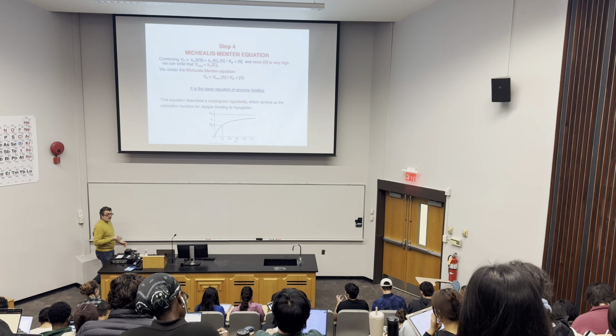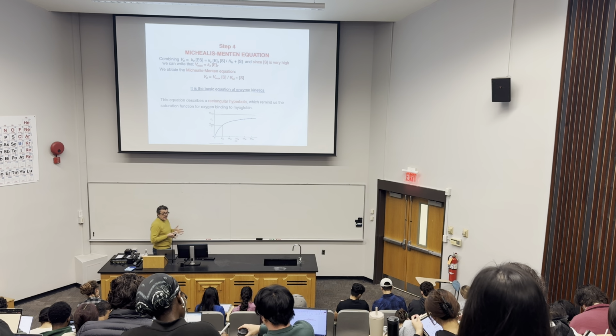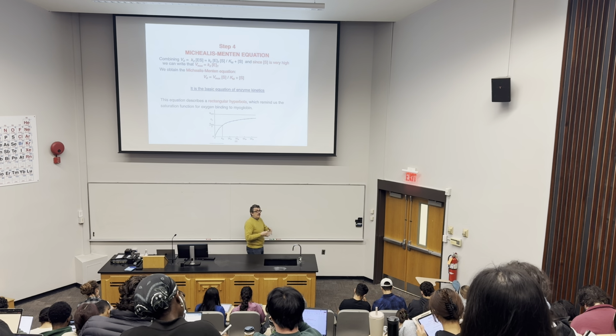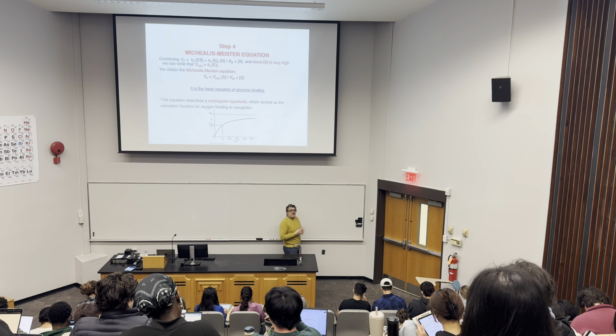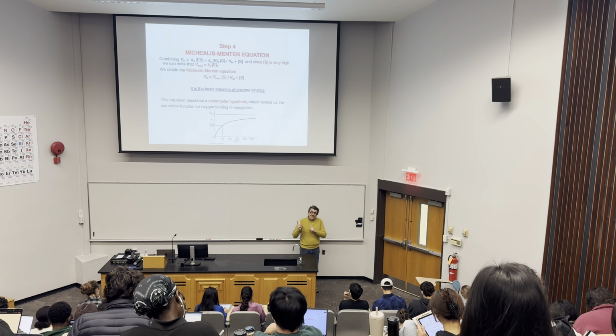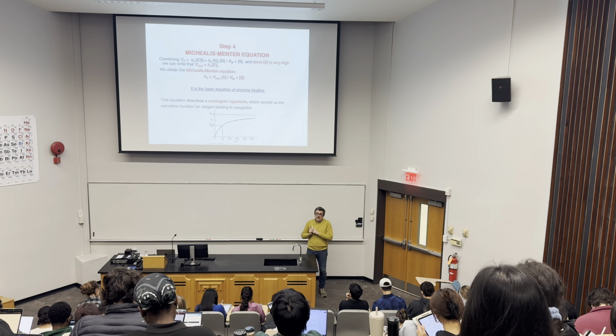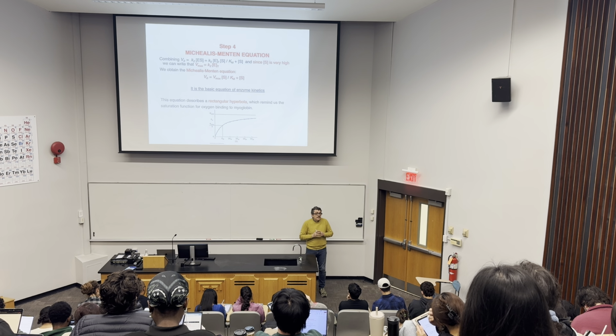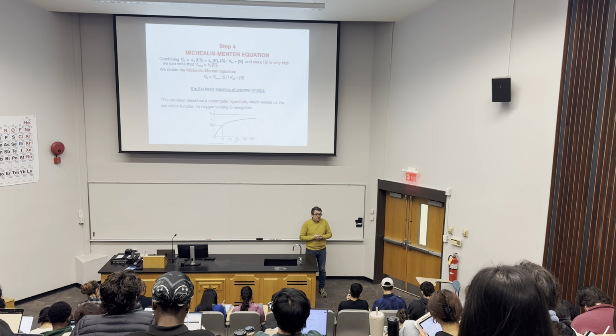K2 is the slowest and rate limiting. So it means that the overall reaction will follow that reaction rate. So in this particular case, K2 is basically equivalent to the catalytic constant of the reaction.